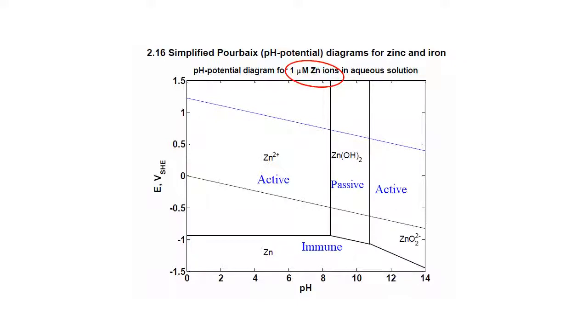So for the zinc diagram, for example, the effect of that is that it looks a bit like the copper diagram. We have the region of zinc immunity in very reducing potentials, but we see that even the proton line, even deoxygenated solution, is sufficiently oxidizing to dissolve zinc metal into zinc 2+ ions, provided the solution is acidic.